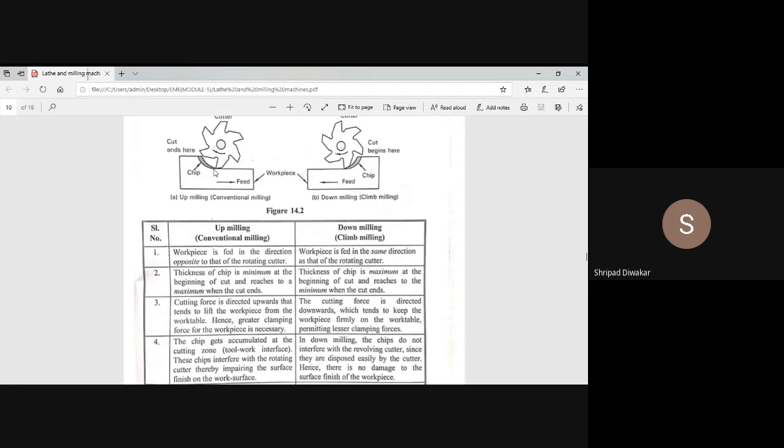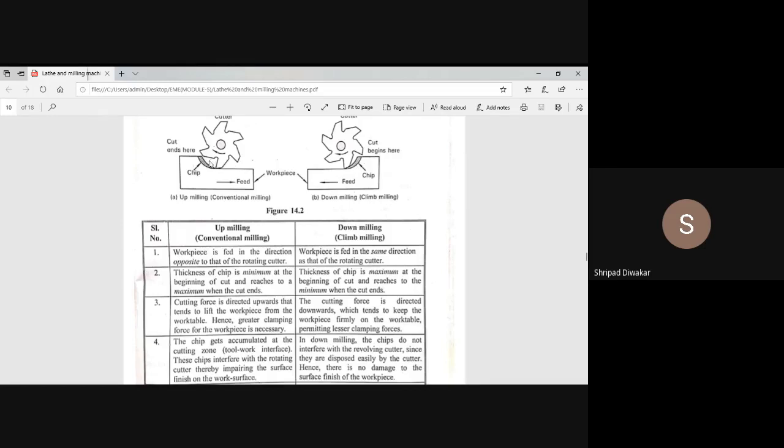The surface finish we obtain in up milling is not so accurate, because the chip is coming out with greater difficulty. In down milling the chip removal is very easy, so whatever surface finish we need to achieve, we will get easily.